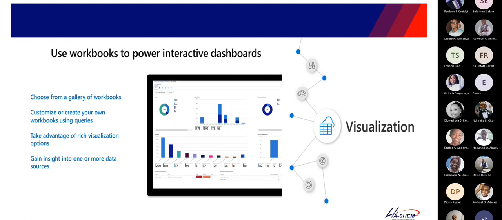You can have different types of visualization in the form of workbooks. Workbooks are the tools that are used by Azure Sentinel to create visualization for you to see threats and respond to them. There are so many galleries of workbooks that you can select from in Azure Sentinel.